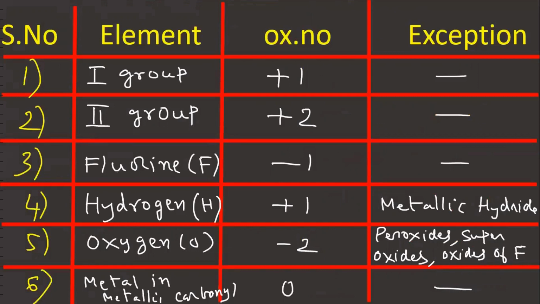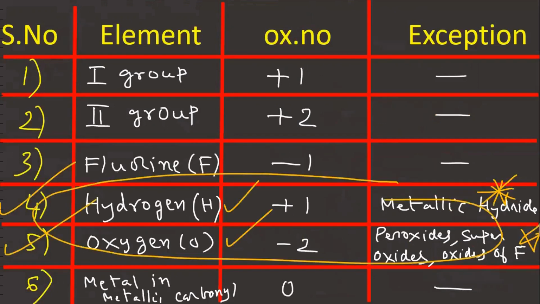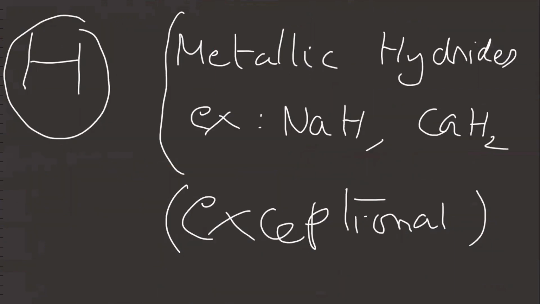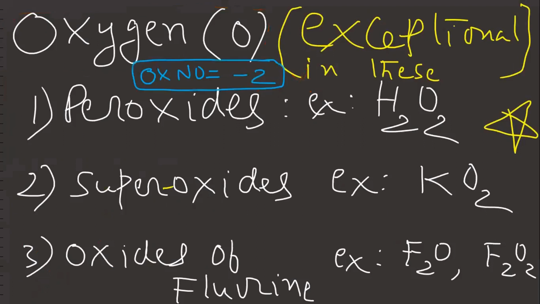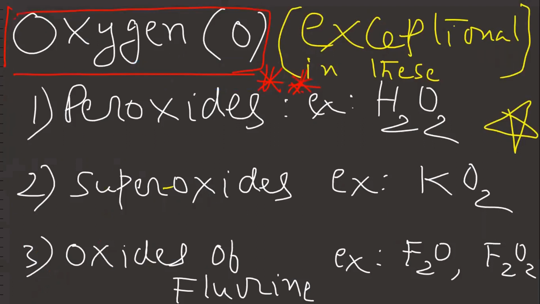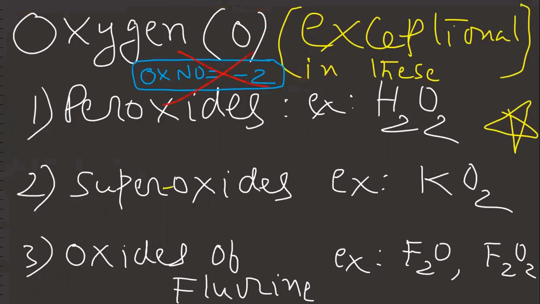In this table, all elements show fixed oxidation states, but sometimes the fourth and fifth, hydrogen and oxygen, show different oxidation states. In metallic hydrides, hydrogen shows exceptional behavior. Generally it shows +1 oxidation state, but in metallic hydrides, it cannot show +1. Oxygen is generally -2, but in the case of some compounds, it cannot show -2 oxidation state.